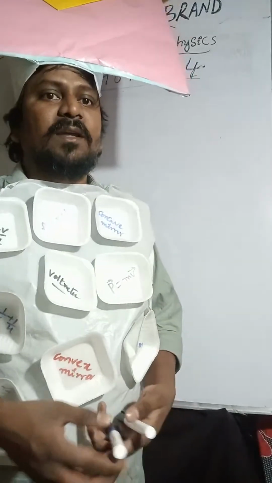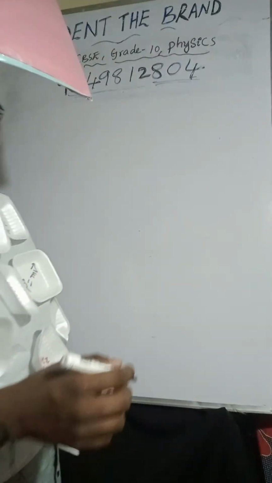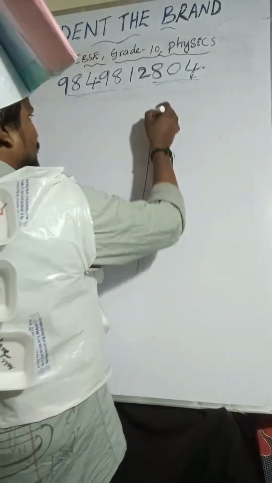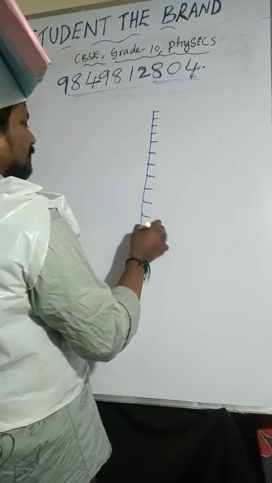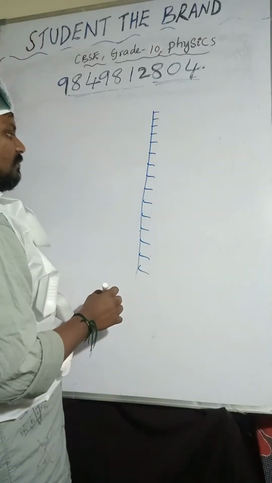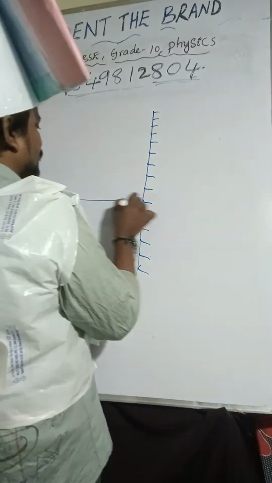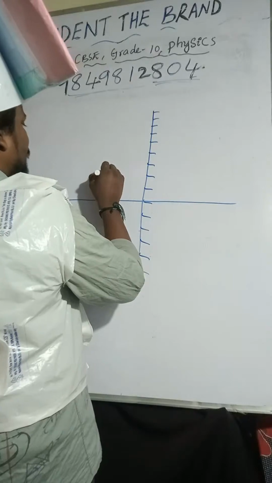I'm taking the plane mirror. So this is a plane mirror, and this is an object.